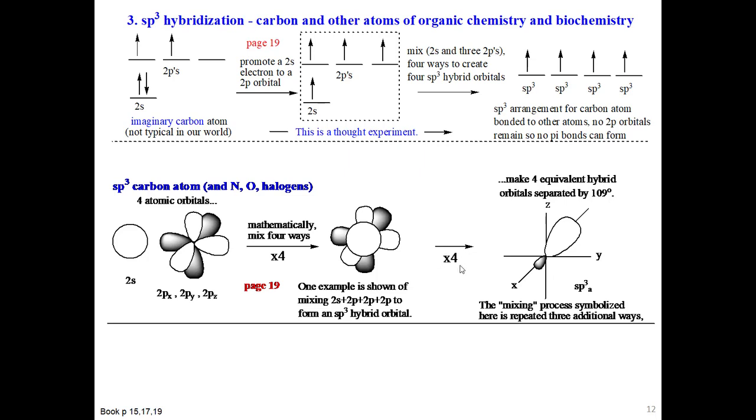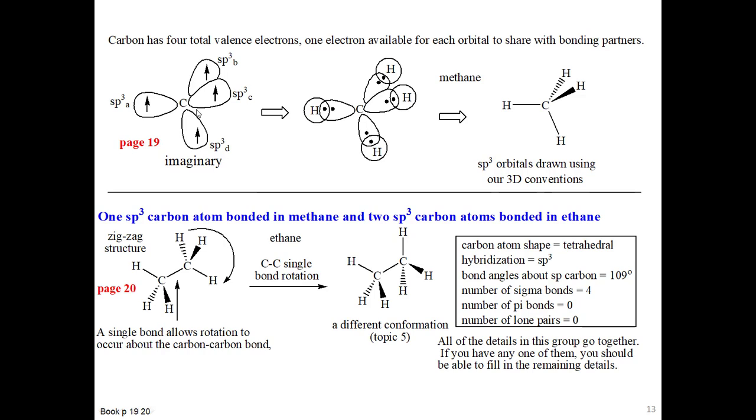Now, I don't think any of us have the intuition for how 4 orbitals in 3-dimensional space would arrange themselves to be as far apart as possible. But you know from freshman chemistry that the bond angles are going to be 109. So I've shown the carbon here with all of its electrons, 1 in each orbital, each of them being a hybrid orbital.